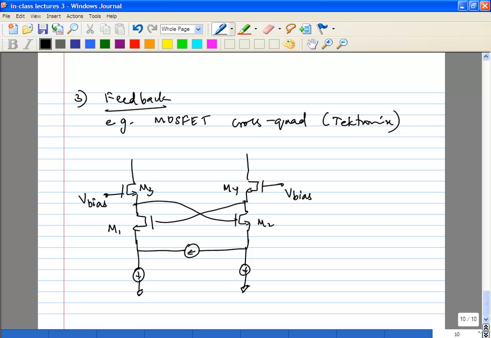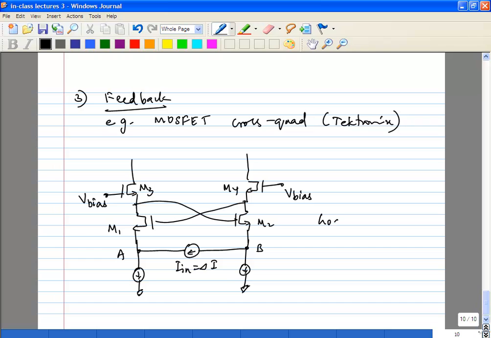You're going to cross couple M1 and M2 in this way. Let's say the input current is some signal current delta I.